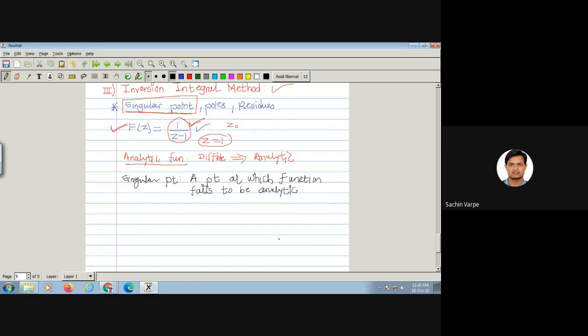So, types of singularities. First is removable singularity.